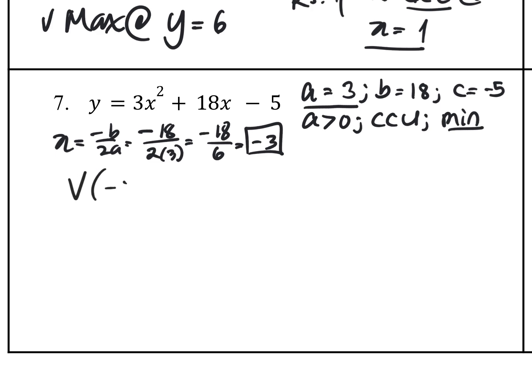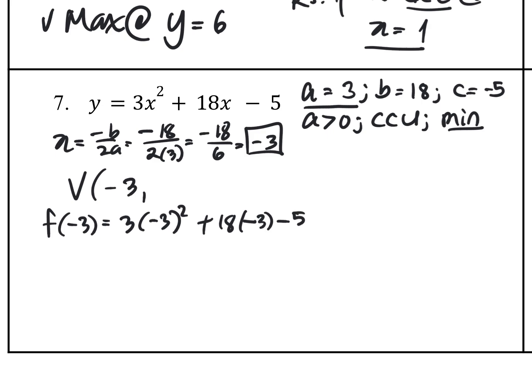So the vertex starts at negative 3, then f of negative 3 is going to give you 3 times negative 3 squared plus 18 times negative 3 minus 5. Negative 3 squared is just going to give you 9.